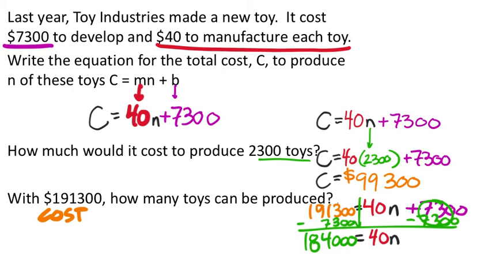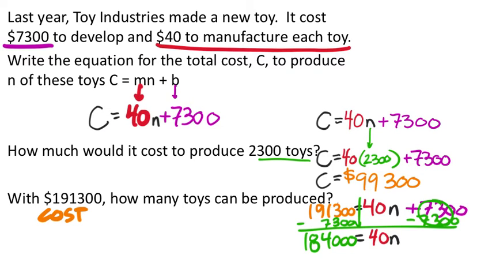Now, we can interpret this because it is a word problem. This means that just the manufacturing of the toys cost $184,000. Okay, because the $191,300 included the initial cost to develop the toys.